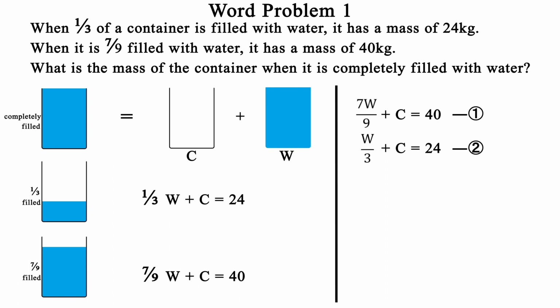Because I have got my C coefficient the same and the sign is also the same, I can subtract both of them. So when I'm subtracting these two equations, I'll do 7W over 9 minus W upon 3, and C minus C will be 0. So my C will be eliminated. Equal to, on the right hand side, 40 minus 24, which is 16.